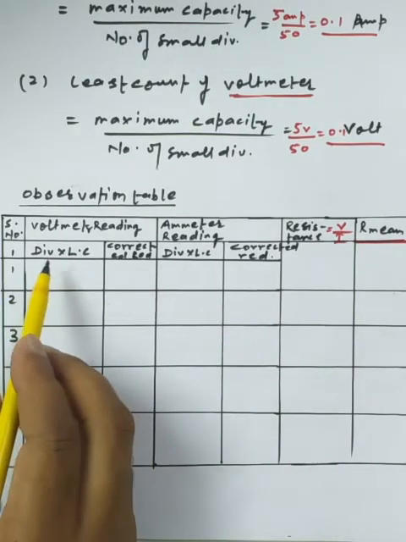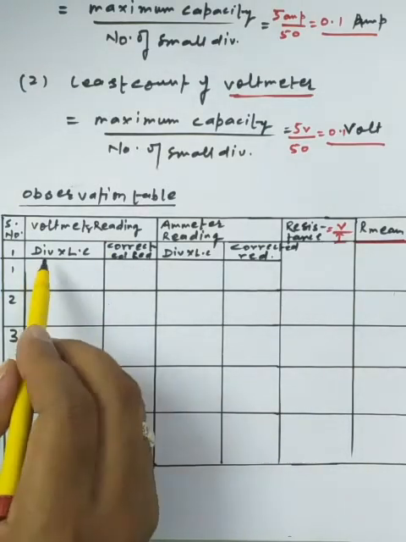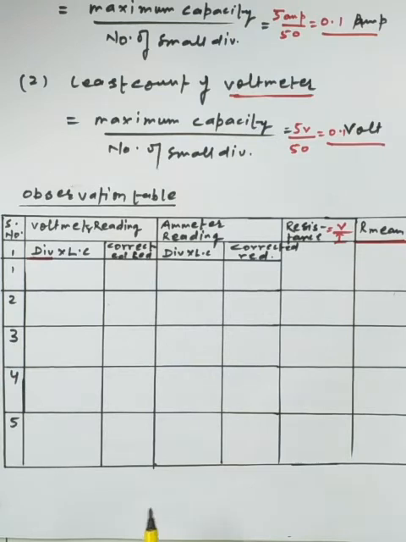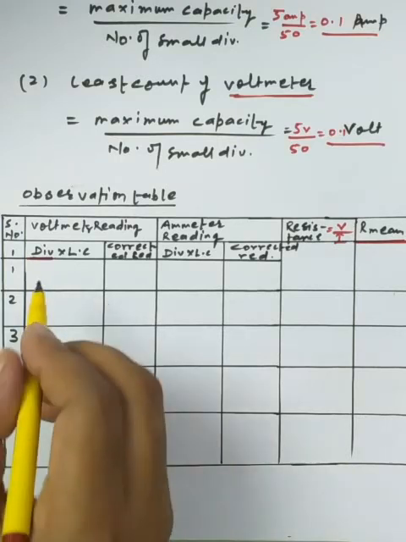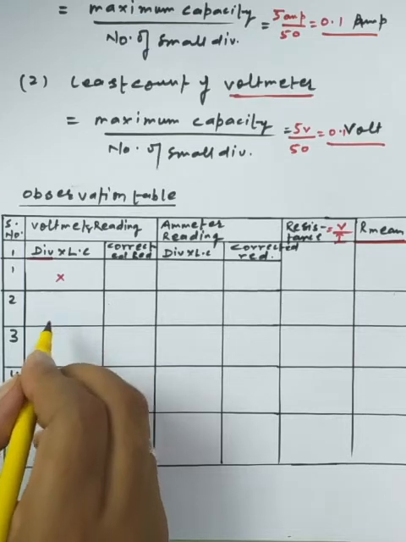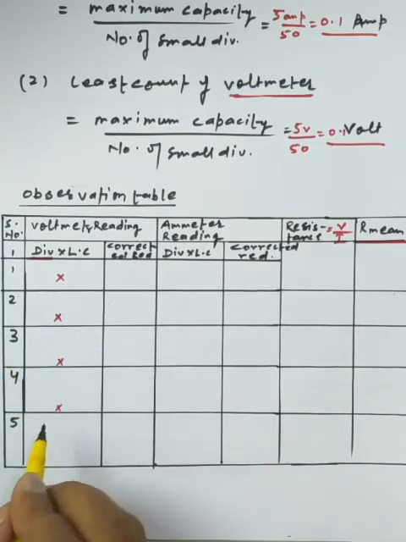Suppose I am assuming that the voltmeter reading contains two important sections. First is the division, how many divisions we are getting, or where the needle is staying, and the concerned least count we have. So we are converting the division into the actual value by multiplying with the least count.